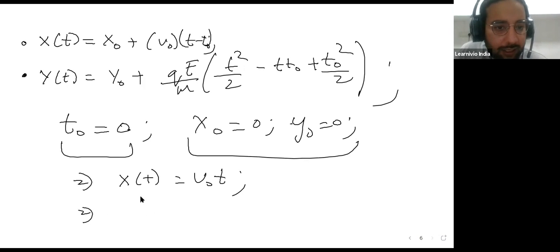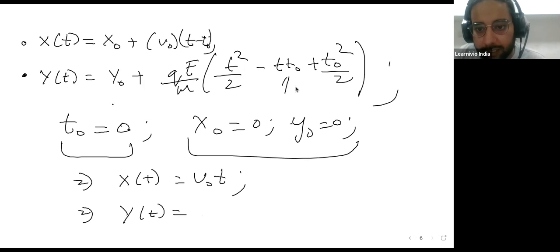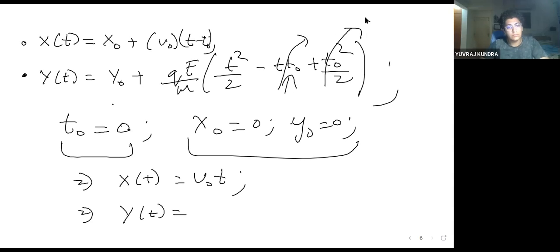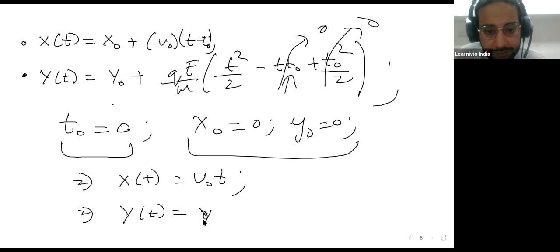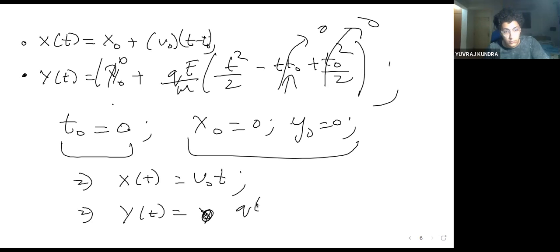And my y as a function of t: this term becomes 0, this term becomes 0, and y naught is also 0. So the only term that remains is qE over m times t square, with a 2 here, correct?